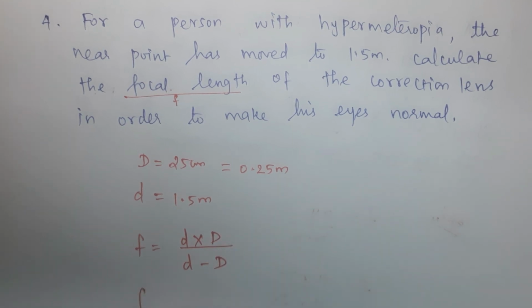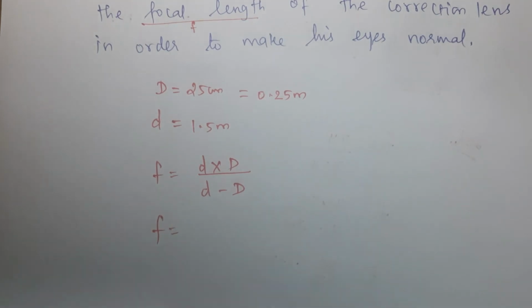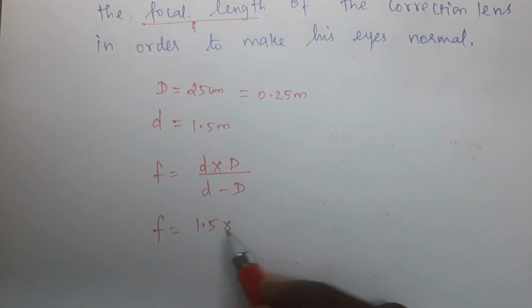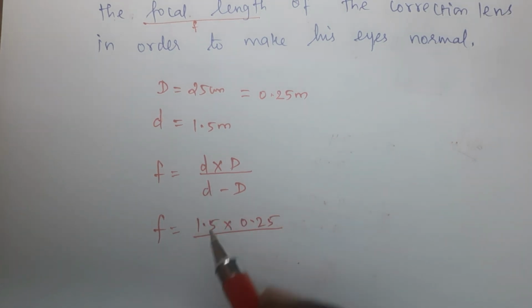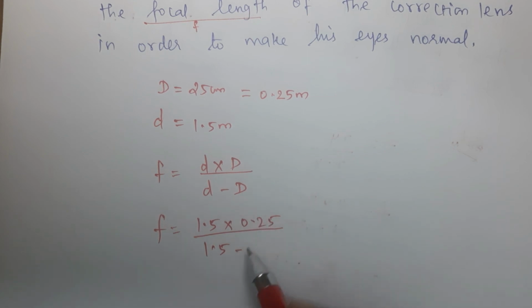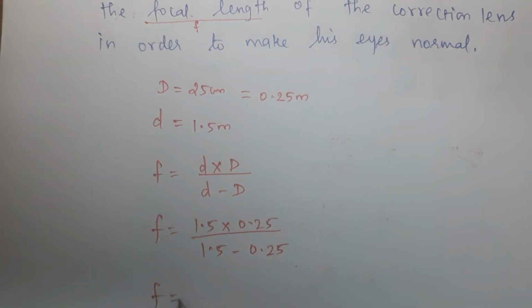So f is equal to small letter d value is 1.5 into capital D value is 0.25, then small letter d is 1.5 minus capital D is 0.25. f is equal to, if you multiply 1.5 and 0.25, you will get 0.375. Then if you simplify this, you will get 1.25.